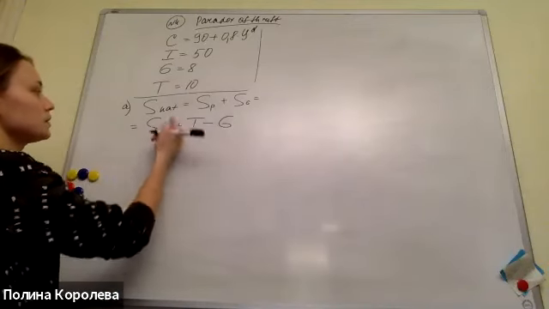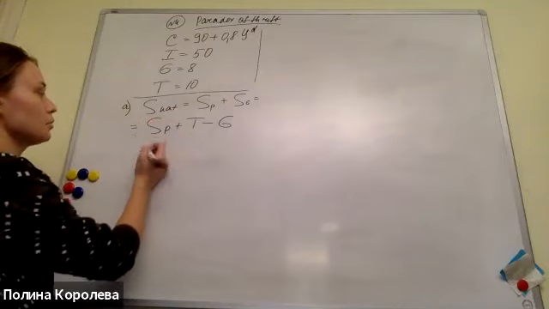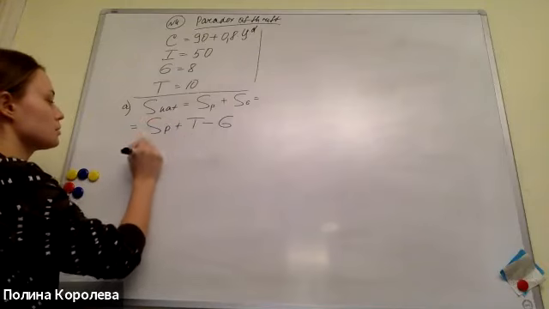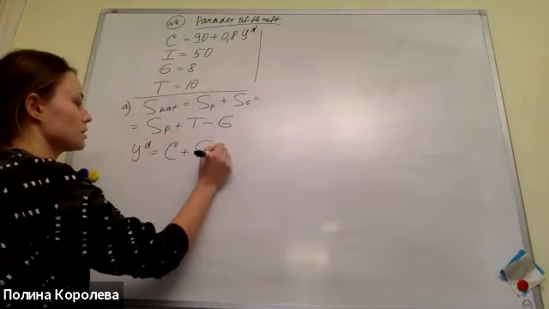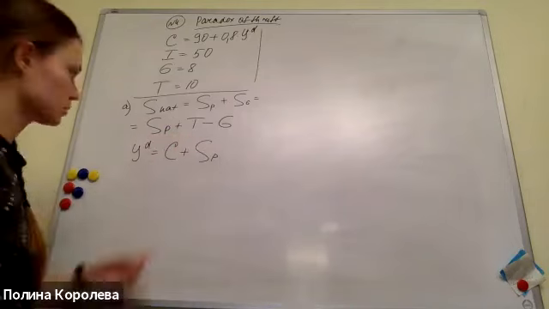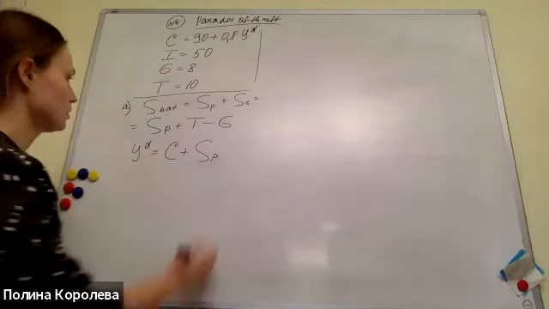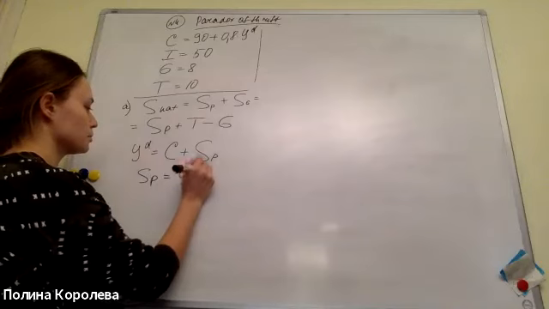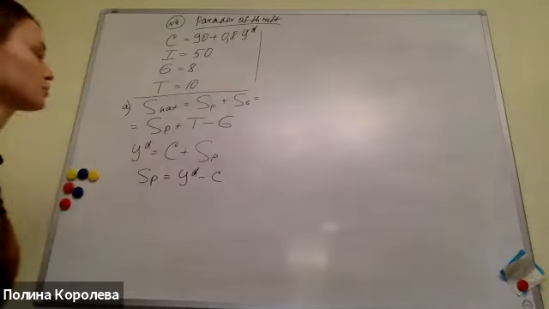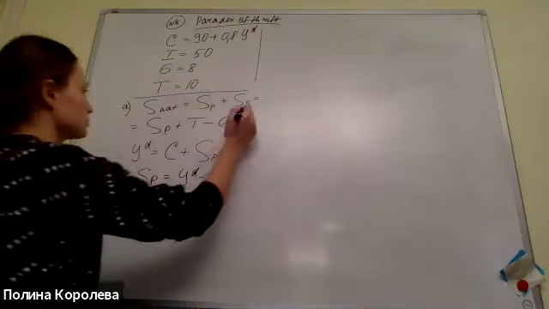What means private savings here? How we can find them? We know that our disposable income is consumption plus our savings. So we know consumption, we can find private savings: disposable income minus our consumption. It's going to be 0.2 GDP minus 90.